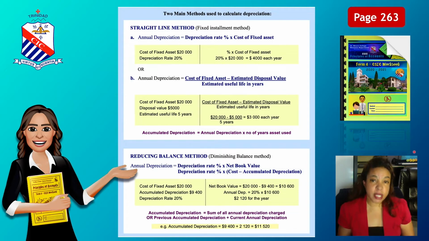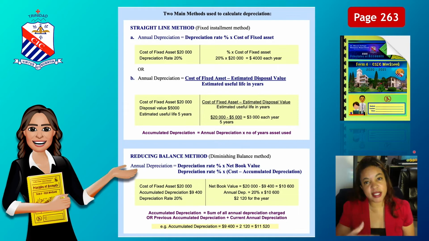For the reducing balance method, however, just like the name says, reducing meaning it decreases. The assumption is that you use up most of the value of your non-current assets at the beginning when it is new. When you've just gotten it, in the first few years, you get more out of it in terms of the usage, more wear and tear.